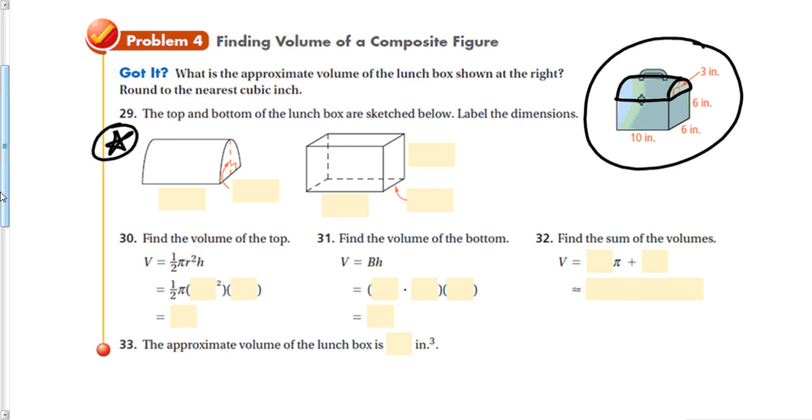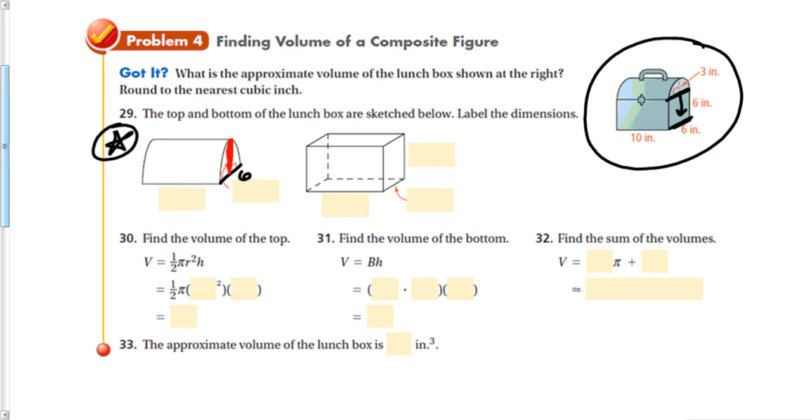Looking at our cylinder, all the way across here that I have labeled in black is going to match up with what I've labeled in black in my picture, which should be the same as this. So right here is 6. Then there's another piece they're asking me to label, which is really the radius of this circle.